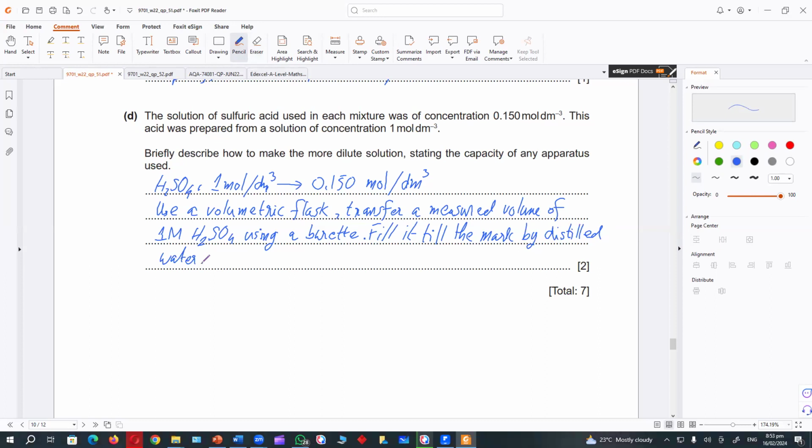Now my last question is the same. How can I get 0.15? 0.15 is the concentration. Concentration is equal to number of moles upon volume.